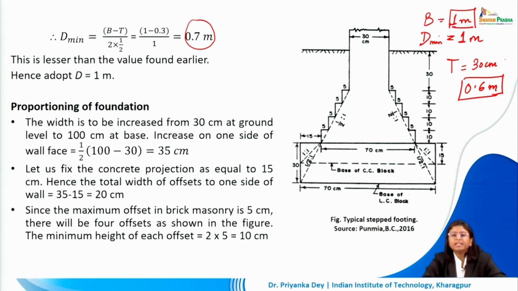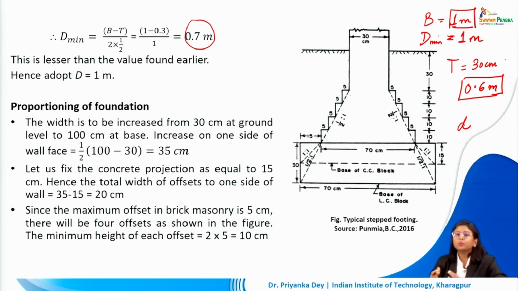So now that we've calculated the depth of the foundation and the width of the foundation, we have to actually start designing the concrete base, that is the minimum depth of the concrete base, which was small d, and we also have to design the masonry offsets.